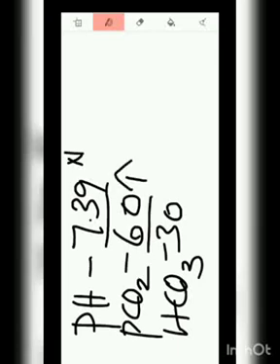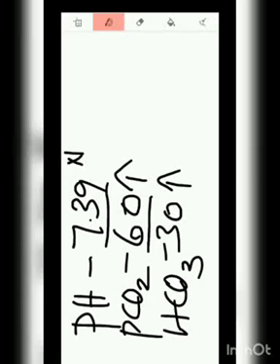PCO2 is 60, elevated. Bicarbonate is 30, also elevated. It means both values go in the same track. It means it is compensation. pH came back to normal level. It is fully compensated.